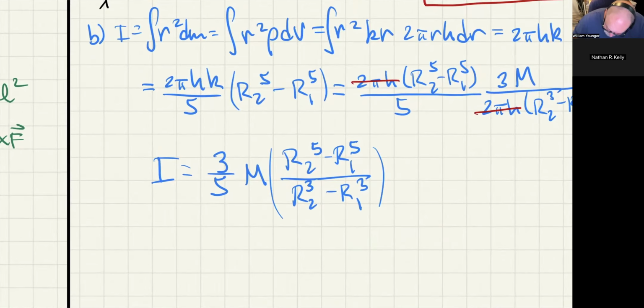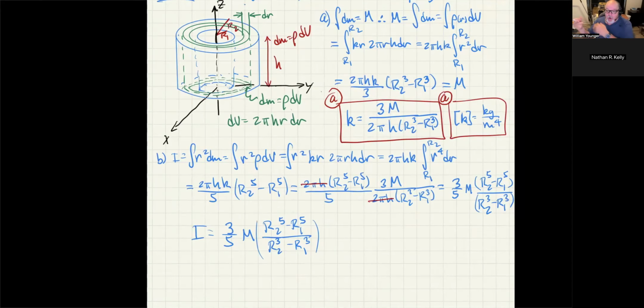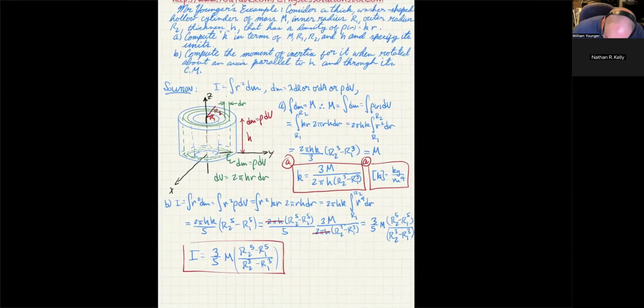And you can see that this fits that bill because it's r to the fifth over r to the third, and r to the fifth divided by r to the third gives you r squared. So it's just like m L squared. But that is the moment of inertia for this complex washer that has an intensely increasing density that increases with the value of R. Any questions on that, Nathan?